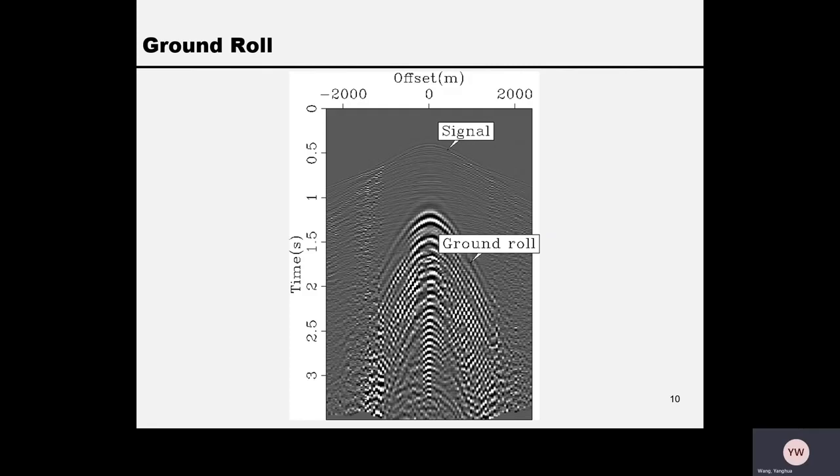So this is the ground roll, and at the point 5, that's the signal.